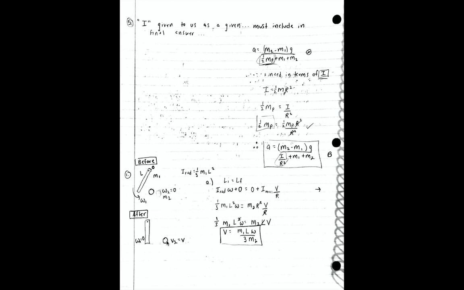The radius is the length of the rod. So it's the mass of the point particle times the radius from the axis of rotation to the actual object, which is L, the length of the rod. We plug that in for r and then just solve for V. We determine that the velocity of the point particle after the collision will be m1 times the length of the rod times omega divided by 3 times the mass of the point particle.